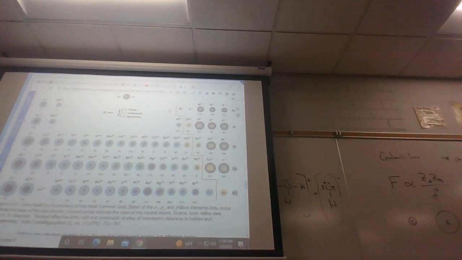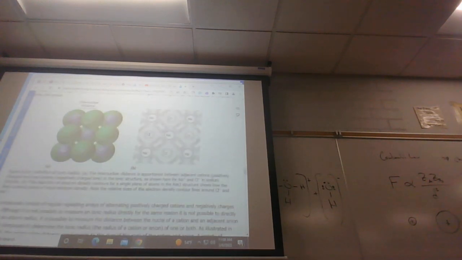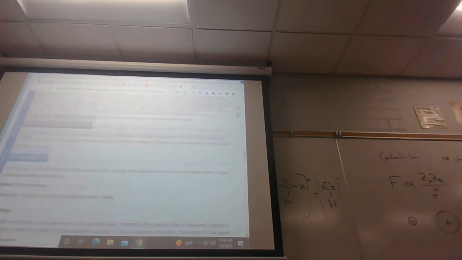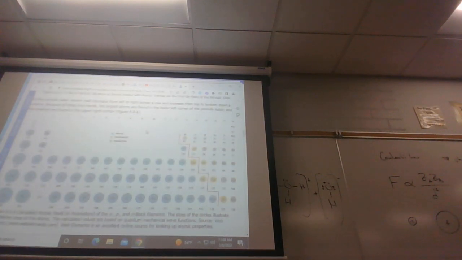What's the biggest atom? Actually, I don't want the ions, I want the atoms. On the screen it would be cesium at 167. Do you know the size of atoms? How big are atoms? Just give me a size range.